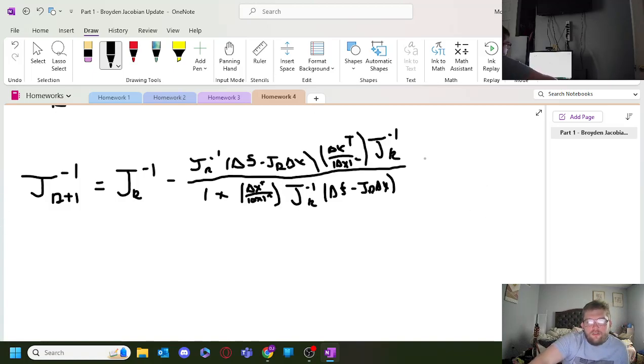Okay. Right. So now we got that. With that, we can start noticing some things. First, we have J inverse. We also have J not inversed.